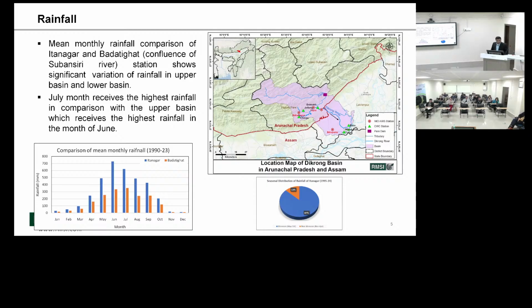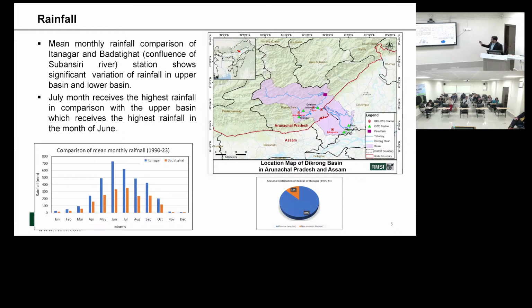Now we come to the rainfall part. I have mentioned some IMD data. Itanagar is located here. You can see the mean average annual rainfall is around 3400 mm.